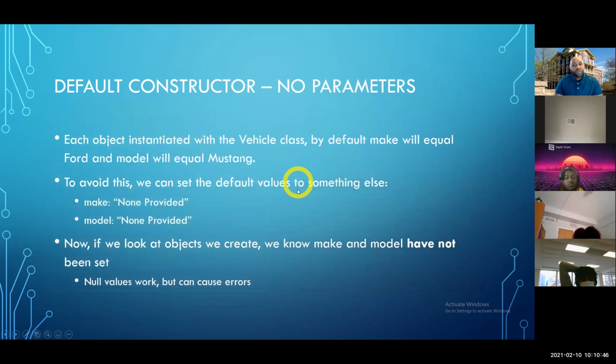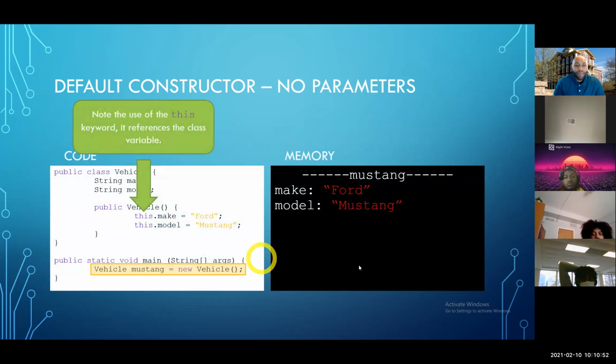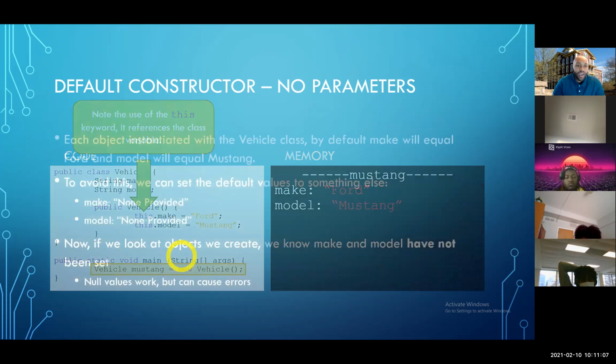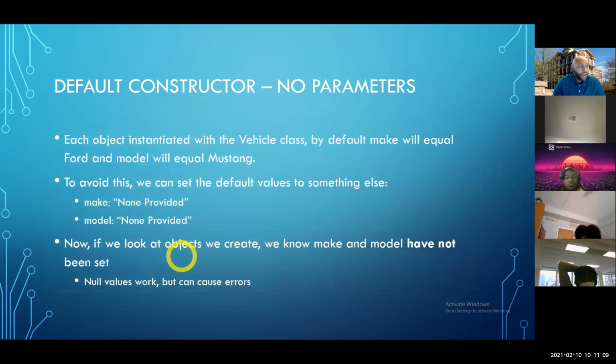All right, and this is what I talked about. However, the issue with the way we just did it is that any object we create this way will have make and model Ford Mustang. Well, we don't necessarily want that, because we can create multiple vehicle objects with different values. So instead of saying make and model equals Ford Mustang, we can just say something like "none provided."